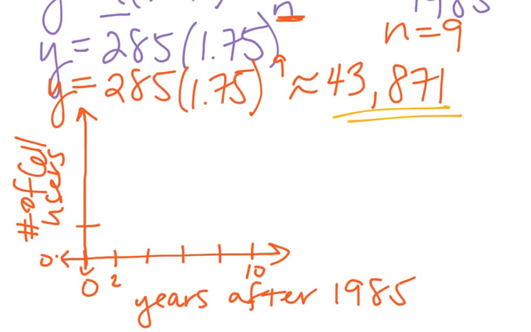So 10,000, 20,000, 30,000. Oop, I made my marks a little too big. Let's try this again. 10,000, 20,000, 30,000, 40,000, 50,000. Okay, so this is 50,000 users, 10,000 users.